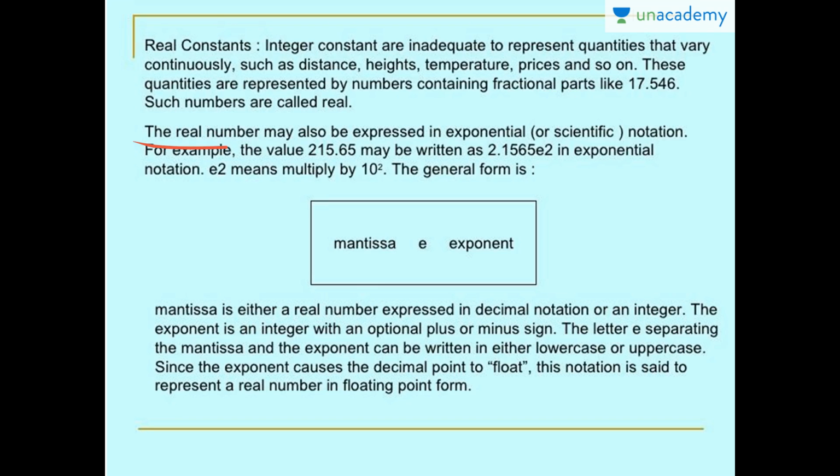A real number may also be expressed in exponential notation, like 215.65 can be written as 2.1565 E2. In exponential notation, E2 means multiply by 10 to the power 2. That is first the mantissa, then the E sign and the exponent.